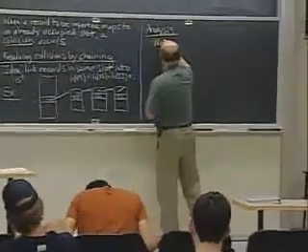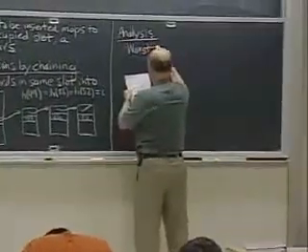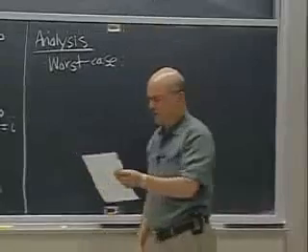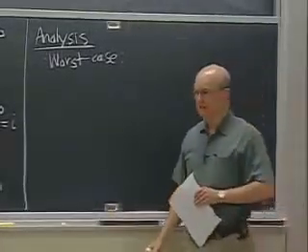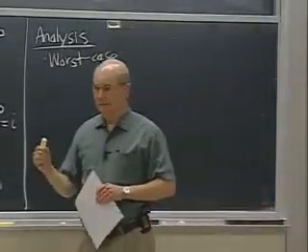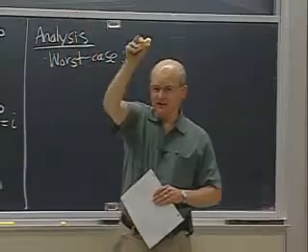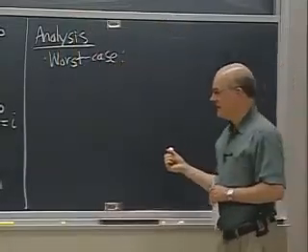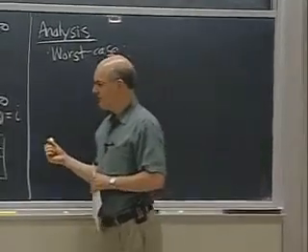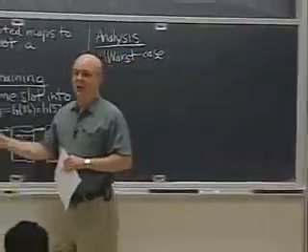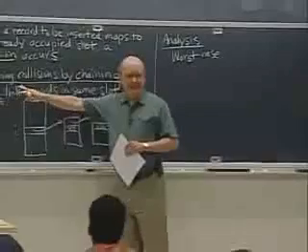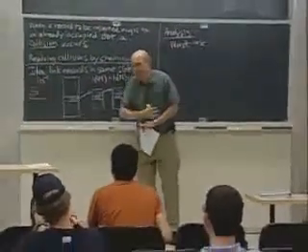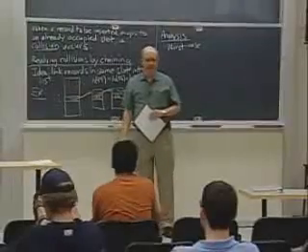We'll first do worst case. So what happens in the worst case with hashing? Yeah, all the keys in S, I happen to pick a set S where my hash function happens to map them all to the same value.